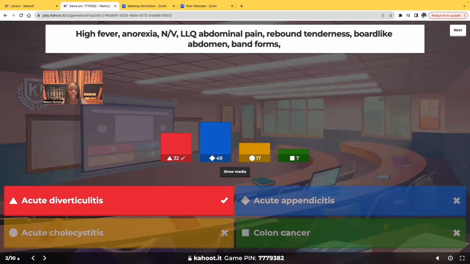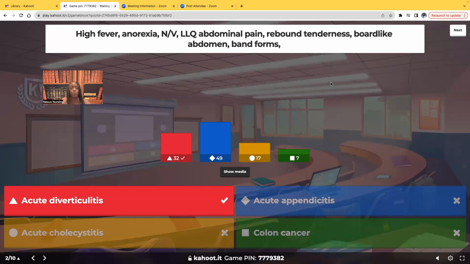So let's talk about this patient with acute diverticulitis, where all of the other symptoms could have possibly been appendicitis, but that left lower quadrant pain and the band forms. When you see band forms, that lets you know most likely this patient is suffering from a severe bacterial infection. They need to be hospitalized. So with this type of patient, they may also have a positive Rovsing sign.